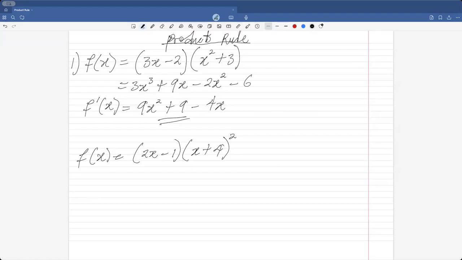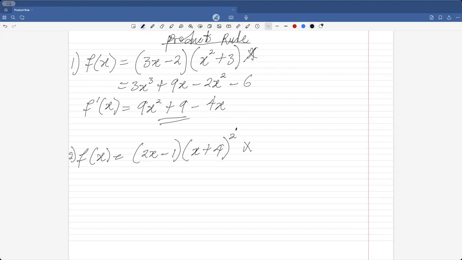If we look at the difference between this problem and this problem, you will realize that the first problem, which is this, has no power at the top. But the second problem here has a power of 2.